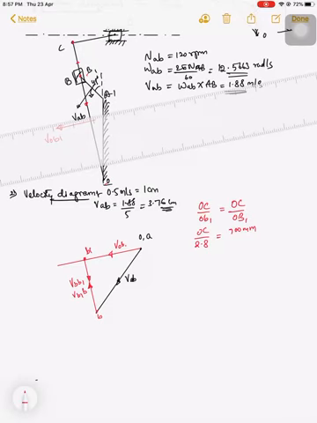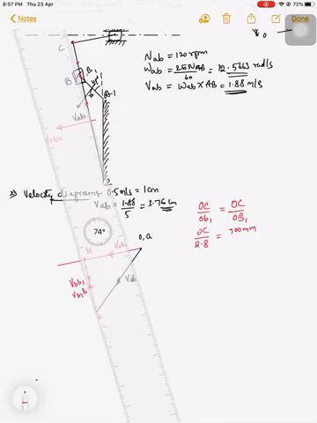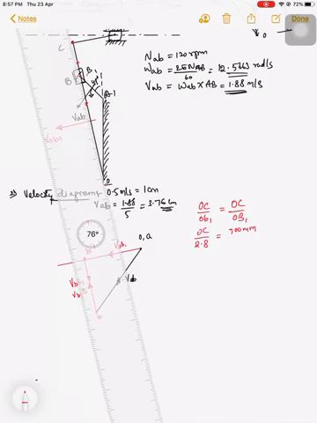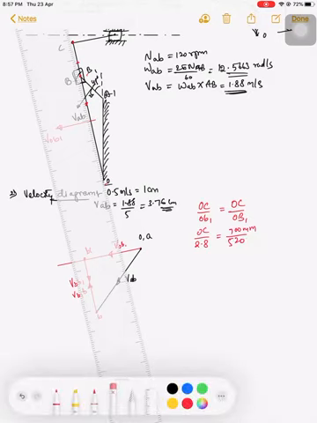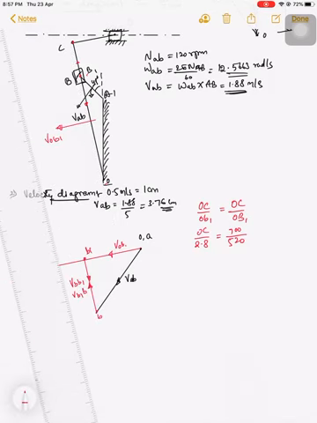When I measure OB1 using the configuration diagram, it will be 5.2, that is 520 millimeter. So now it is easy to find out small OC here. Let me calculate it.